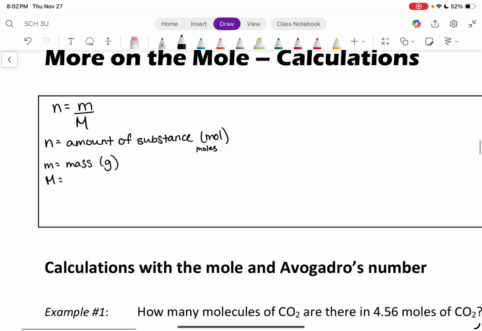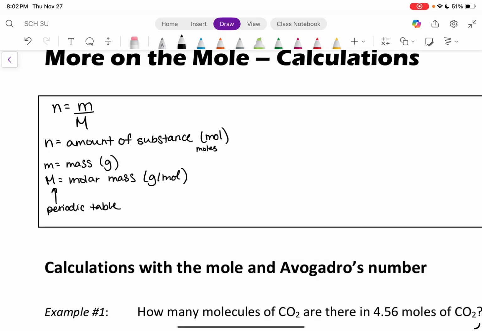And then our big M is what we call our molar mass. This is always going to be in grams per mole. Our molar mass, you will always be able to find on the periodic table. It's the total atomic mass of your compound. For example, if you were to look on your periodic table right now and take a look at hydrogen, hydrogen has an atomic mass of 1.01.